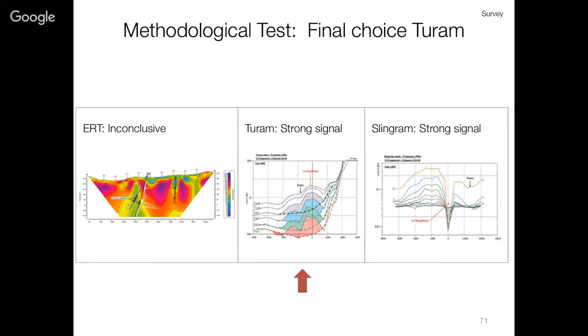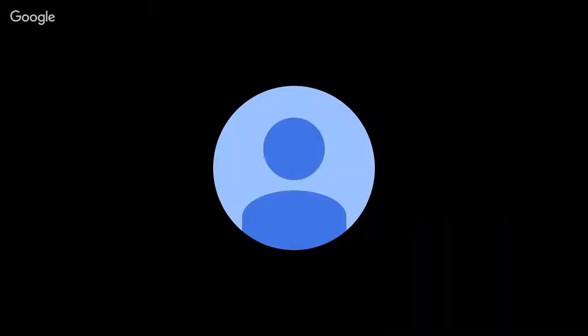That was inconclusive for the DC, but the TURAM provided a strong signal, and the slingram a strong signal as well.